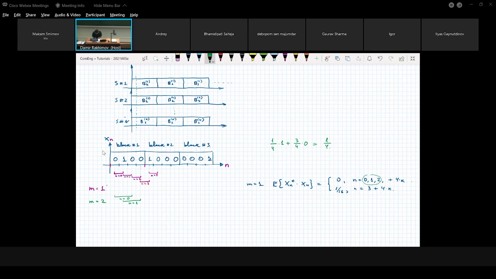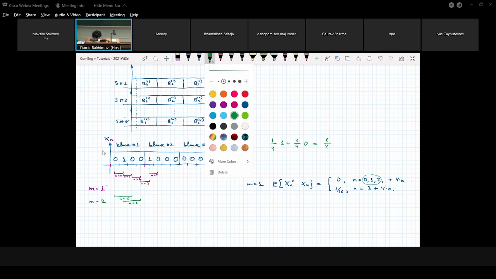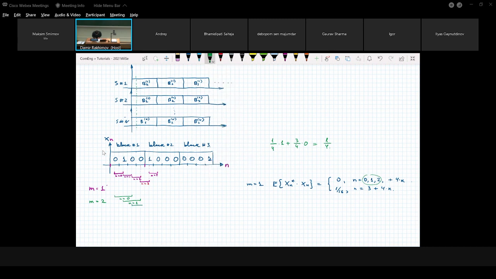Okay, so we see that for the first 2 cases, for n equals 0 and n equals 1, we get the same result, that autocorrelation equals 0. Then something interesting happens. I take the third sample from the first block and the first sample from the second block, n equals 2. What happens?